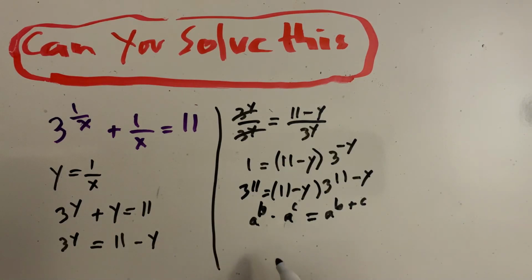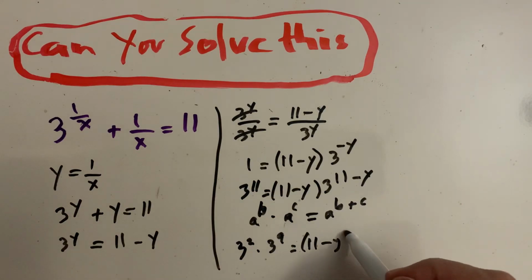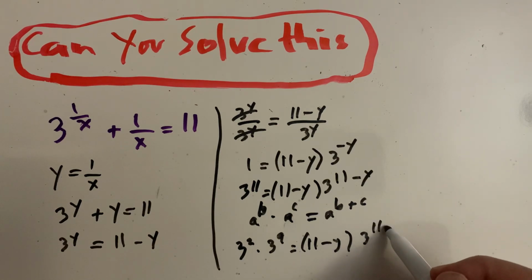Okay, so now the 3 to the 11 here, I'm going to write as 3 squared times 3 to the 9. And the right hand side I will rewrite as it is, 11 minus y times 3 to the 11 minus y.